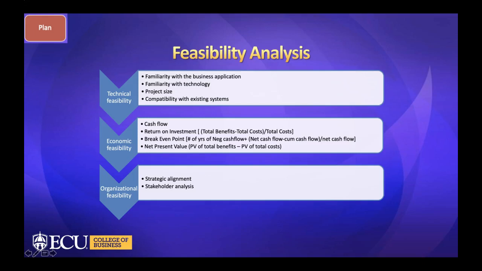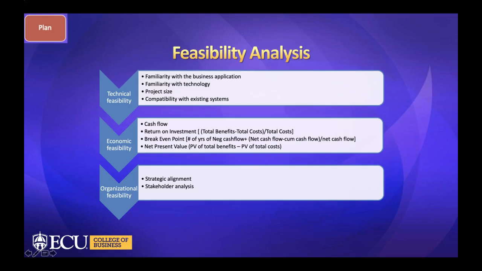Return on investment is, what is the return that I will get for the cost that I'm paying right now. Break-even point is how many years it will take for me to come to a positive cash flow point from now into the future.